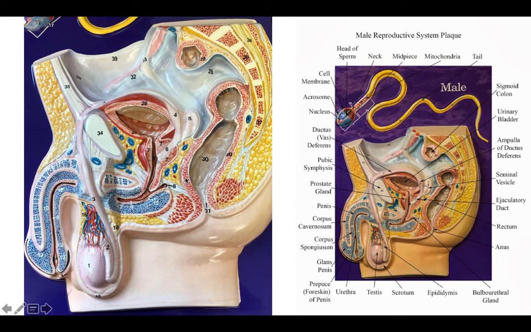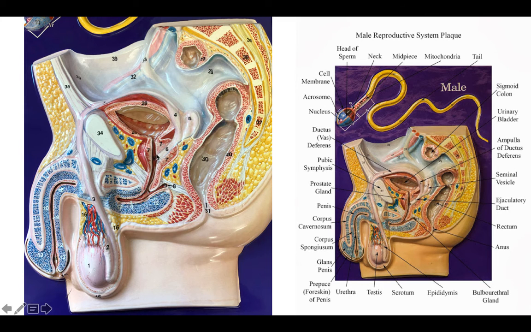So when we talk about the urethra, again, this is obviously a very different feature in the female reproductive system because here the urethra is this shared pathway for both urine and for the sperm cells to move and be expelled outside of the body.